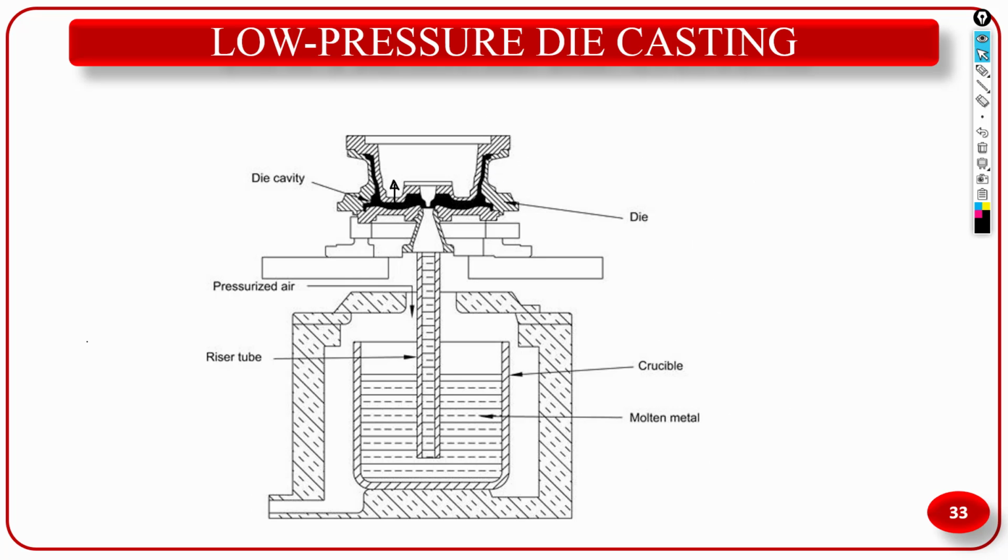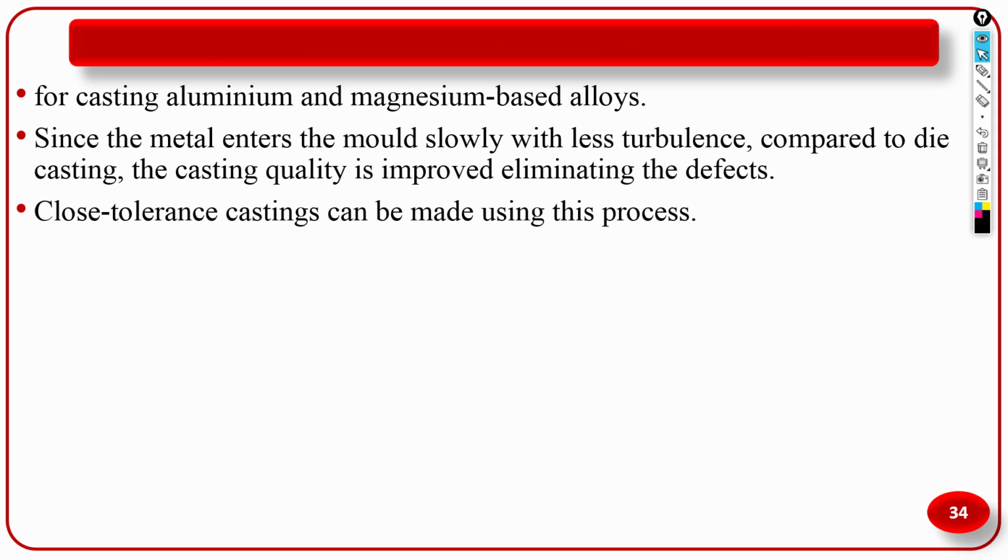Okay, so next comes low pressure die casting. There was a problem with vacuum die casting, and that's why low pressure die casting was developed. For casting aluminum and magnesium based alloys, low pressure die casting is used.